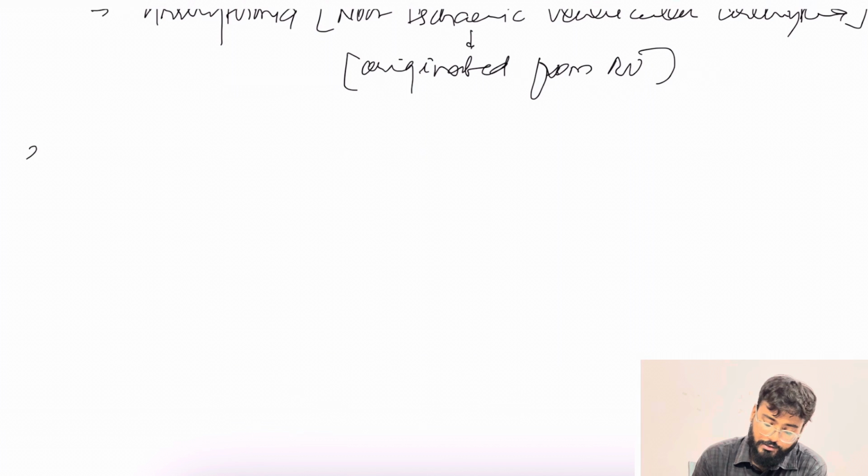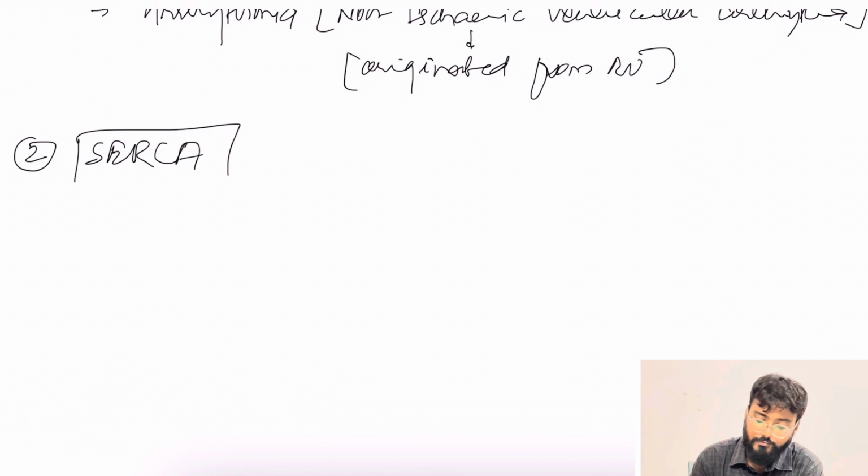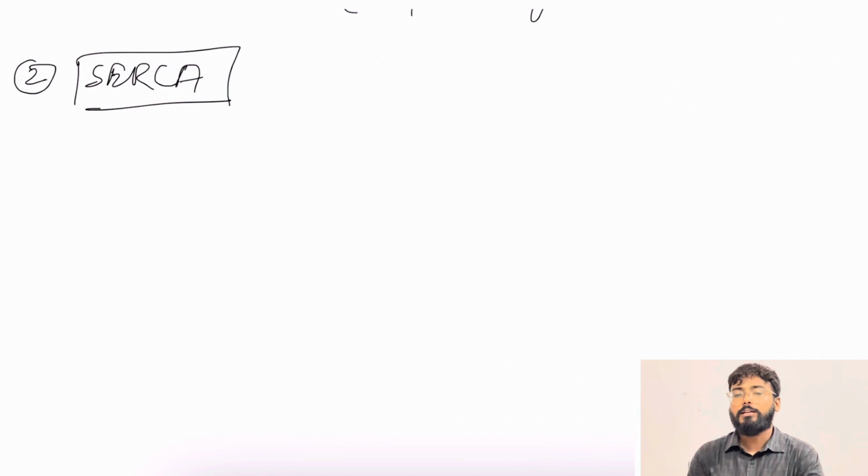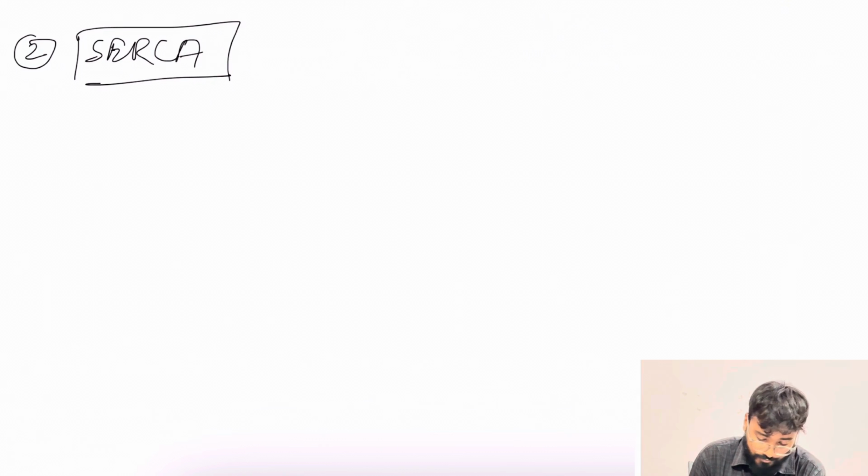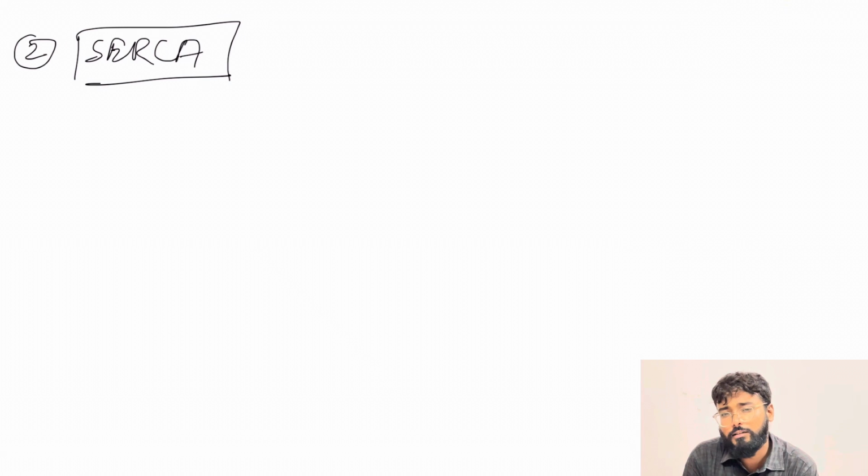Let's discuss the other pump that we just discussed, your SERCA pump. How many types of SERCA pump do you remember? Actually there are 3 types of SERCA pumps, and there are further subtypes of those types, so we will see all of them.